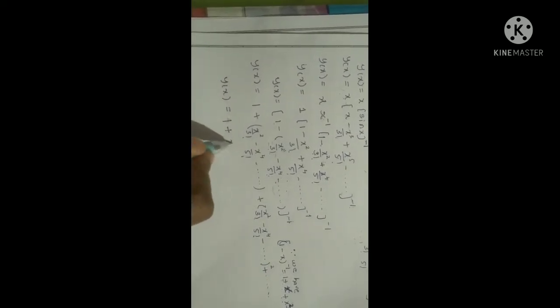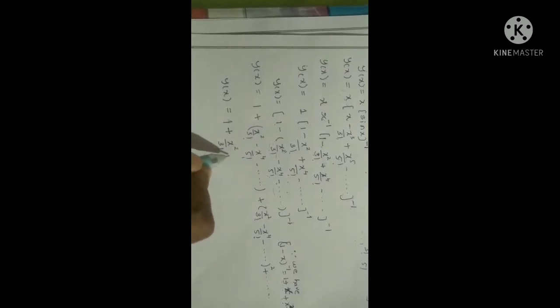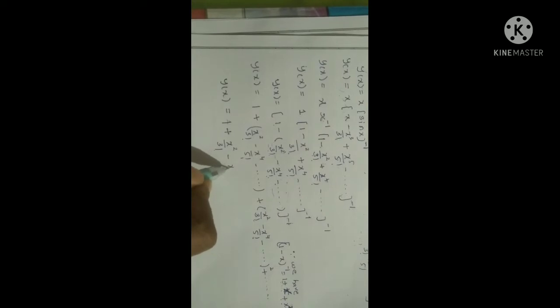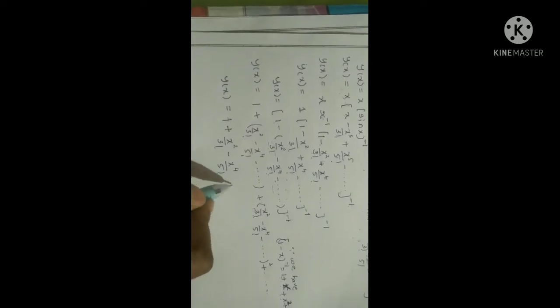for x to the power of 4. So it becomes 1 plus x square by 3 factorial minus x to the power of 4 by 5 factorial. From this bracket, x square can be taken common, that is x square by 3 factorial, x square whole square it is.